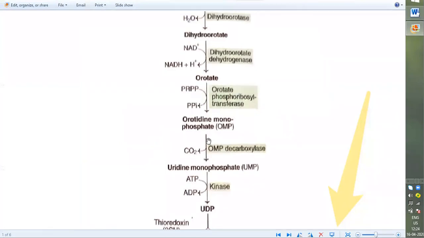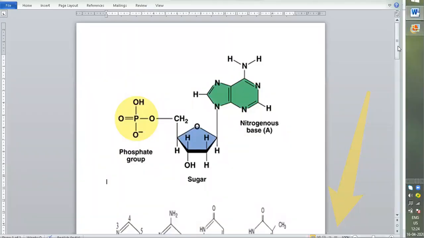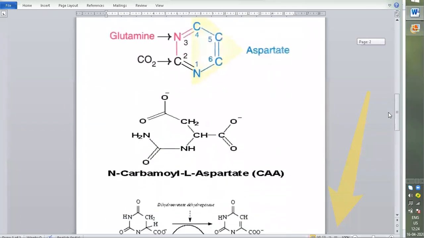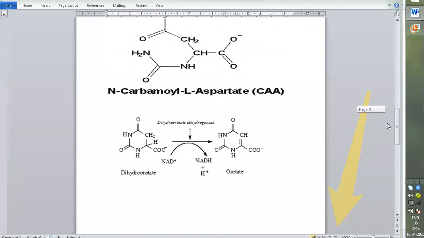So it is converted into a nucleotide, orotidine monophosphate. Here a carbon dioxide group is already there, obtained from the aspartate, but we don't require this carbon dioxide in the pyrimidine structure, so it will be released.